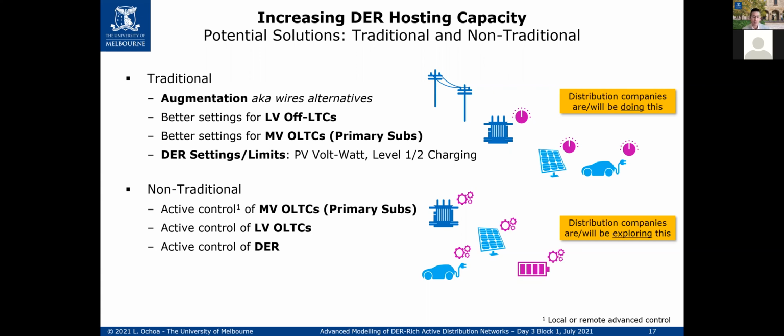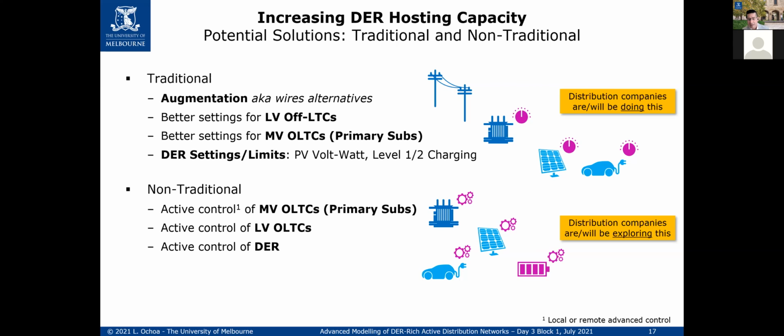And this can be, for instance, you have a sensor in your critical customers, and then that sensor sends information to your on-load tap changer at the primary sub, and then you just change the on-load taps accordingly, according to the voltages that you want to achieve. There can be other types of sensors and other types of logic. You could install low voltage on-load tap changers. They're quite expensive, but they are a very flexible technology. And again, control them according to the voltages that you are sensing.